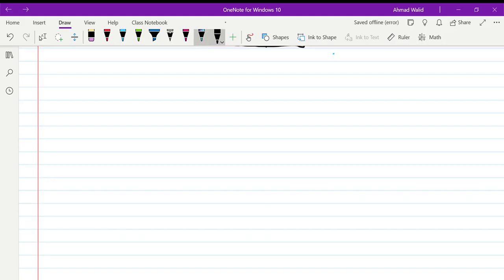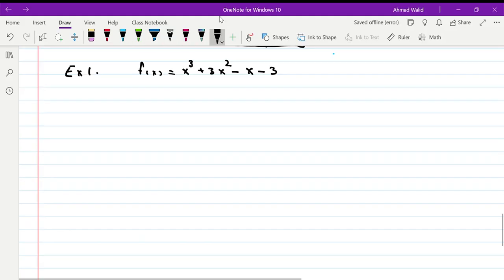Let's do one more example from your book. Example number 1. Use the leading coefficient test to determine the end behavior of the graph of f of x equals x cubed plus 3x squared minus x minus 3. Use the leading coefficient test.